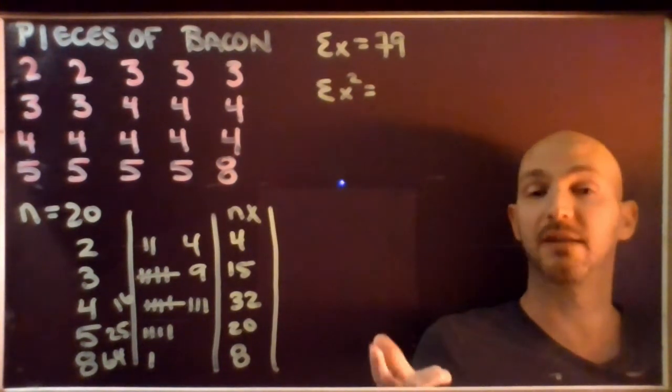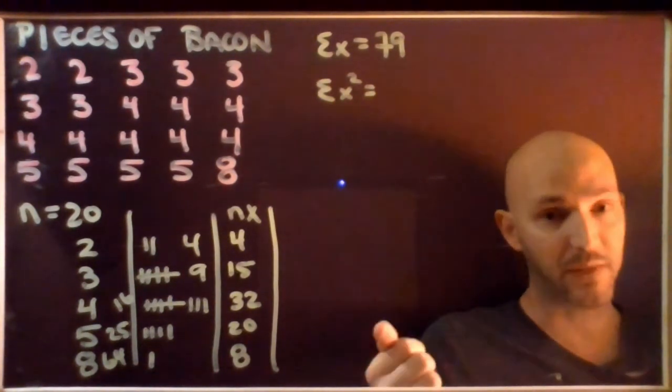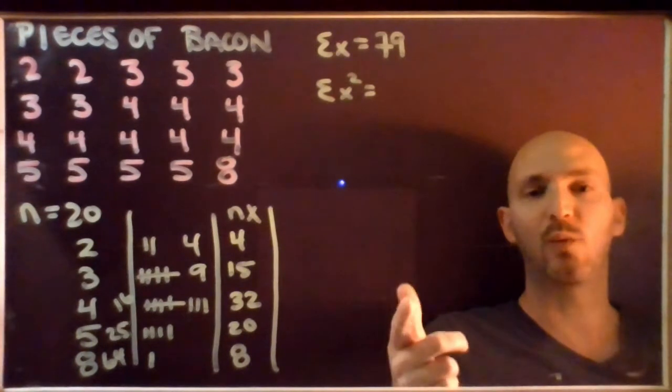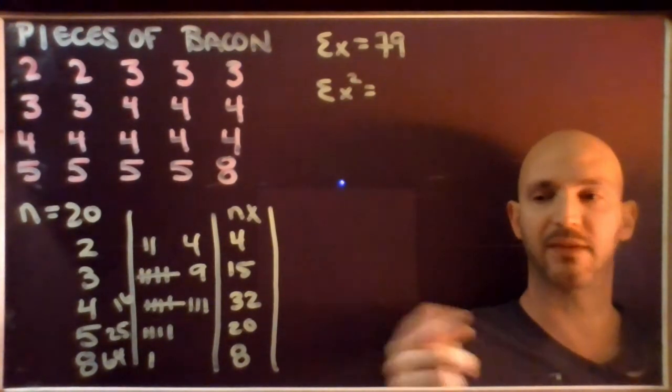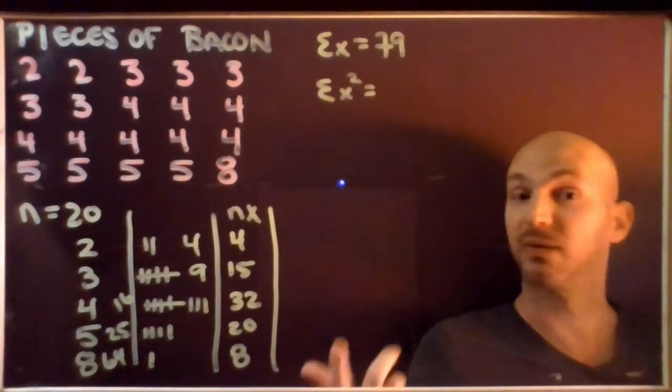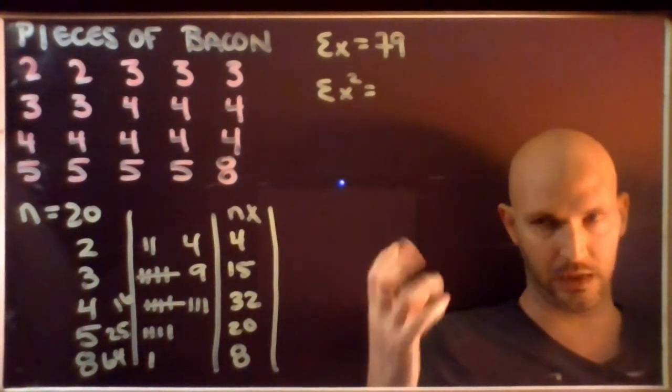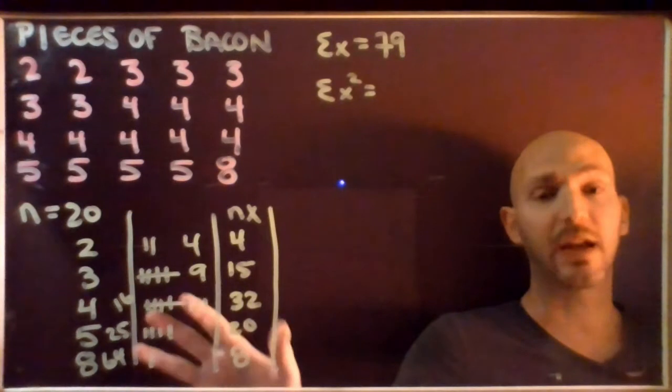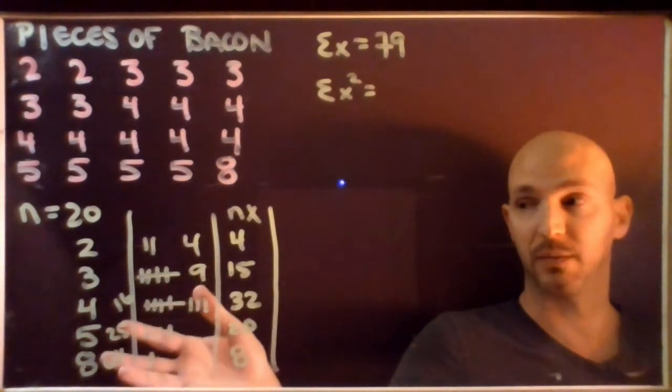And you probably had some trouble with this one because the numbers get bigger, and if you miss even one or mistype a 25 as a 35 or anything, then your standard deviation formula doesn't work. It's infuriating.